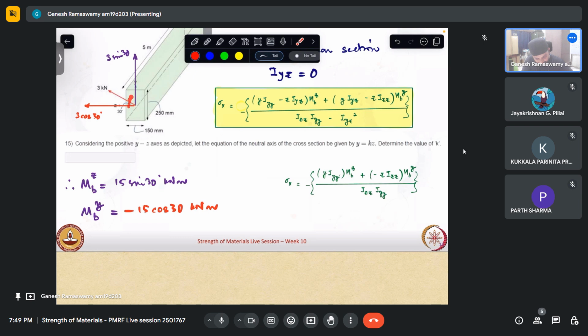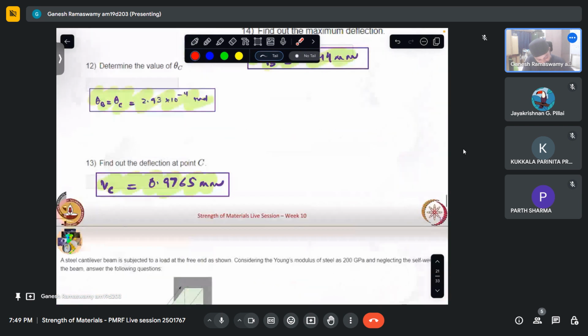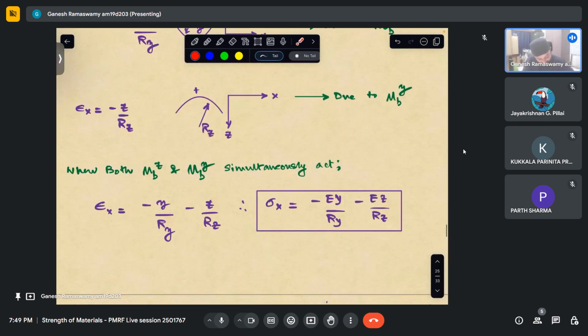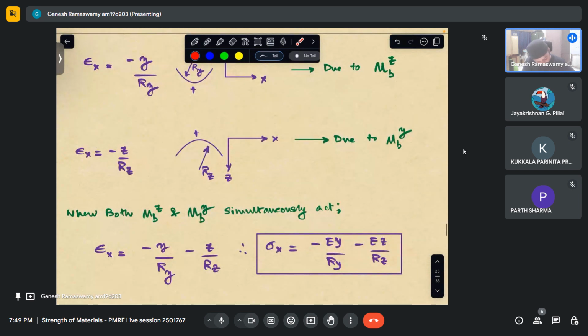Yeah, and in our derivations, if we see, when z is positive, no, this will also be positive. Fine.